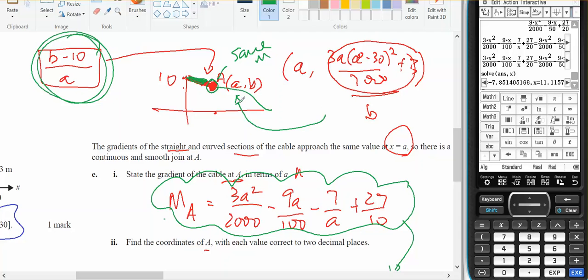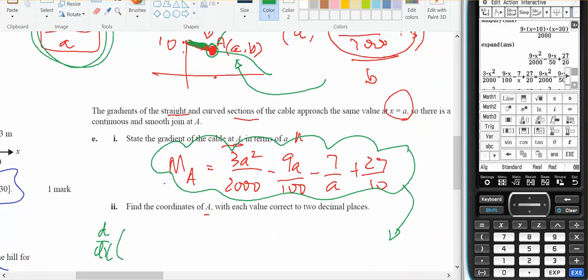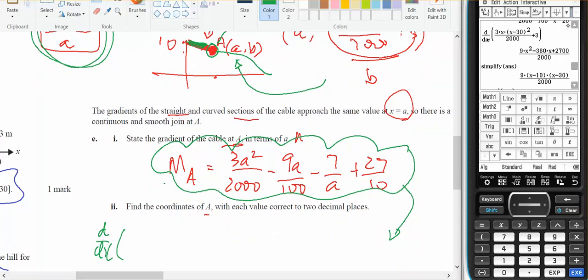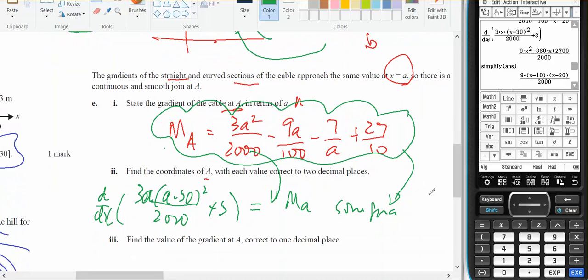If I could take the derivative of the equation and set that equal, so d/dx of 3a(a minus 30) squared, all over 2000 plus 3, and set that equal to this m of a, and solve for a.